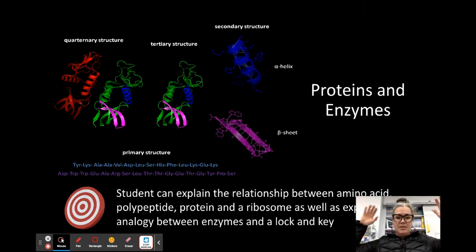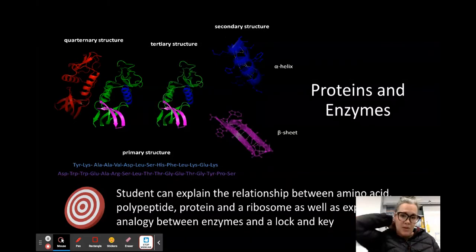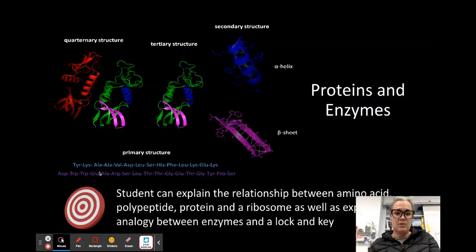So in talking about proteins and enzymes, we need you to know that proteins are made up of amino acids. They are a polymer of amino acids that are formed together, what's called a polypeptide chain. But that polypeptide chain can be like you see this primary structure that's listed here on the screen. It tells which amino acids come in what order.